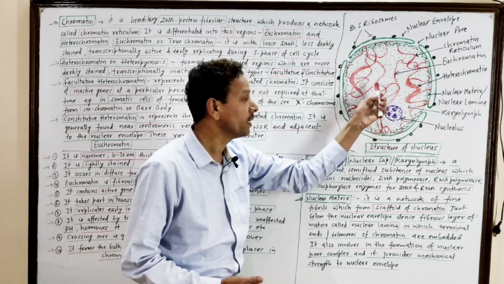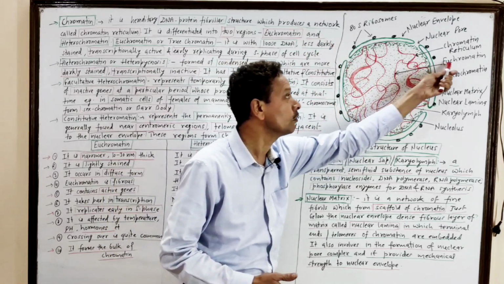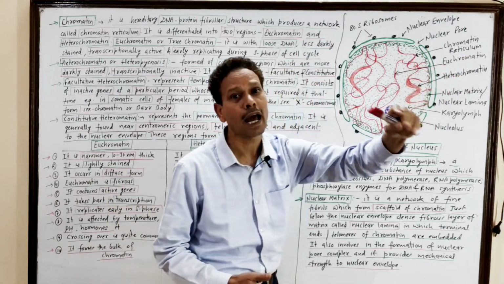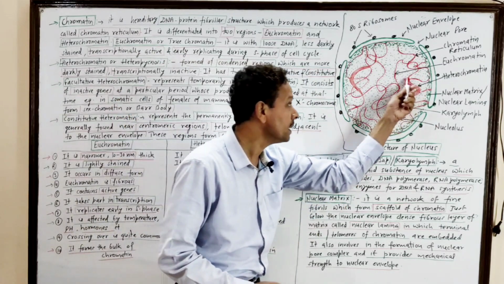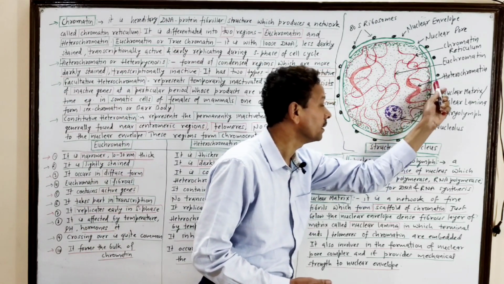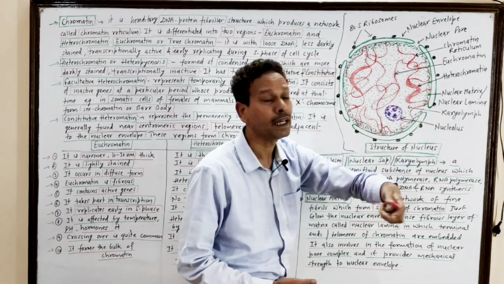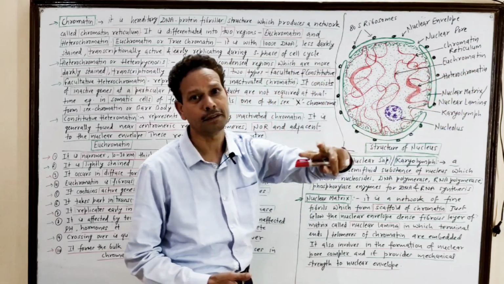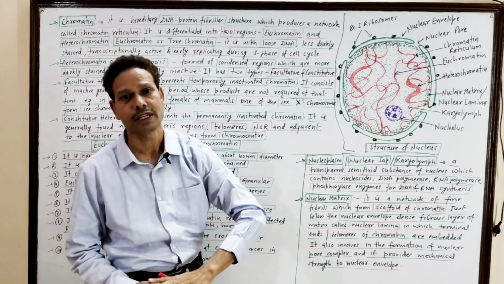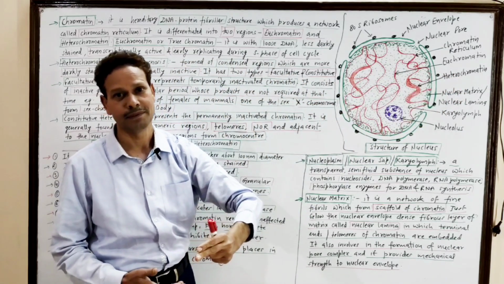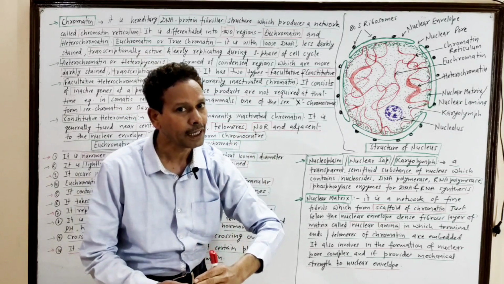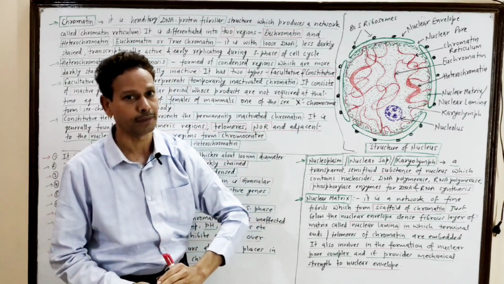This lightly stained fibrous structure is euchromatin, true chromatin having active genes. But this darkly stained region of chromatin is heterochromatin, having inactive genes. And this heterochromatin has two types, one is facultative, second is constitutive.